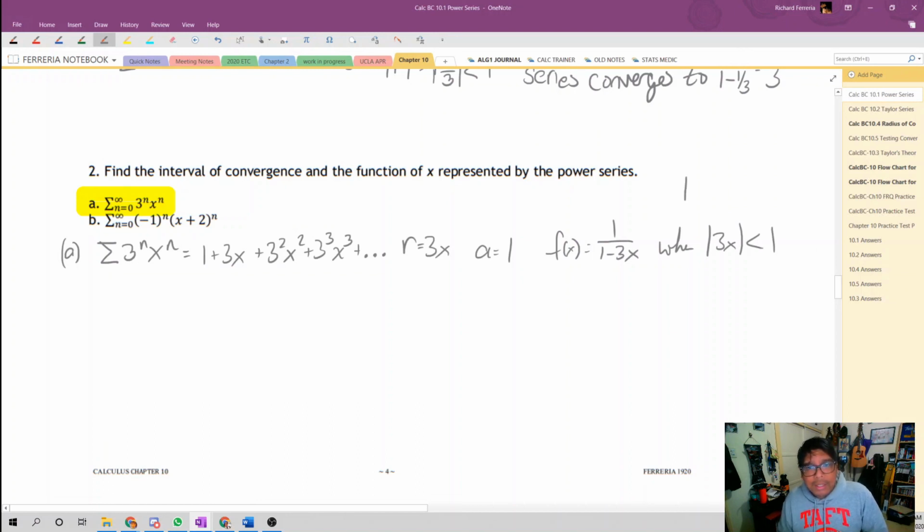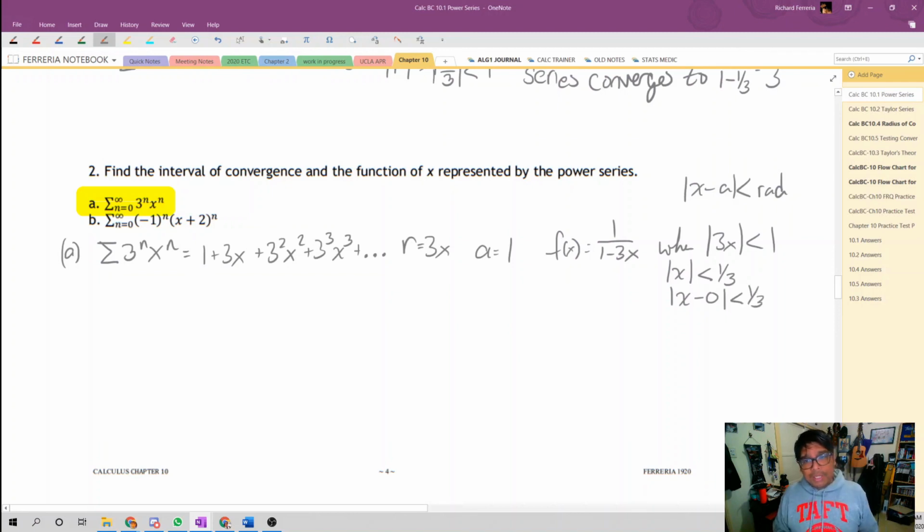Now that doesn't look like the absolute value of x minus a is less than a radius, so we're going to have to solve here. And we did this previously. I'm just going to divide everything by 3. So we get the absolute value of x is less than 1/3. And if you think about this, this is the same thing as the absolute value of x minus 0 is less than 1/3.